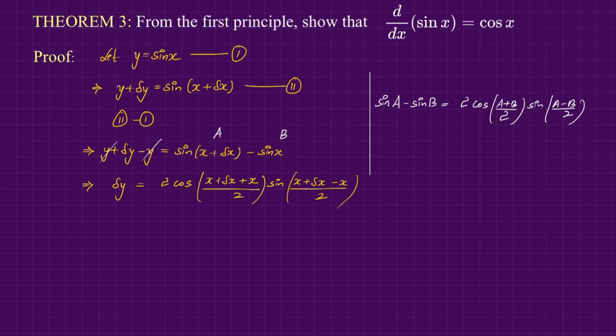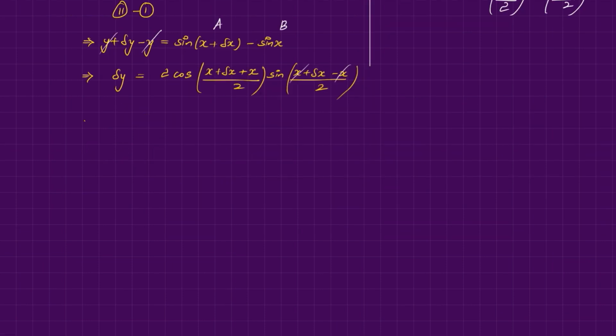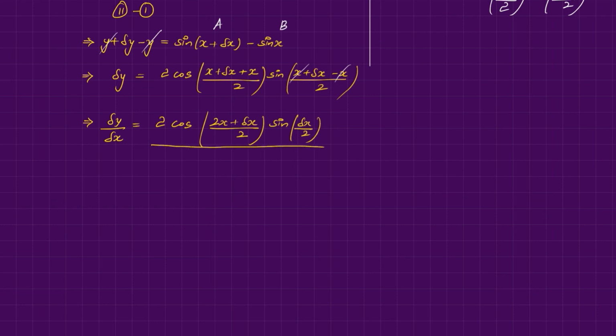So clearly here minus x plus x gets cancelled. Divide both sides by delta x, so we will have delta y over delta x equals 2 cos of, here x plus x will be 2x plus delta x over 2, and here it will be sin delta x over 2, and whole divided by delta x.